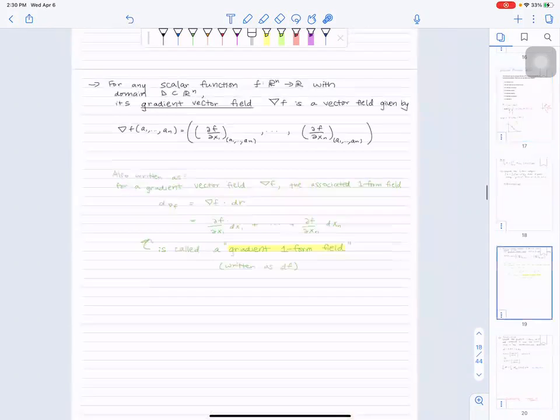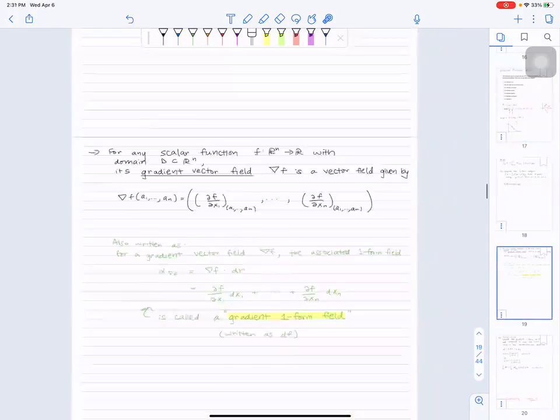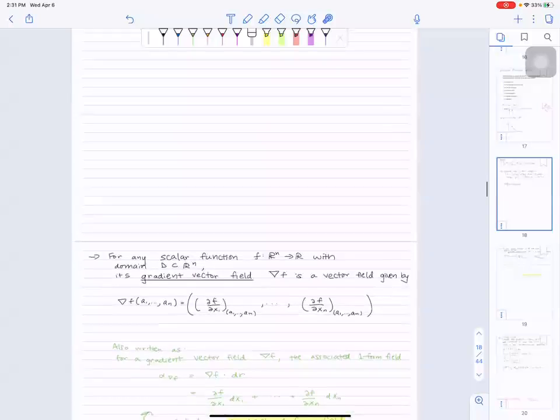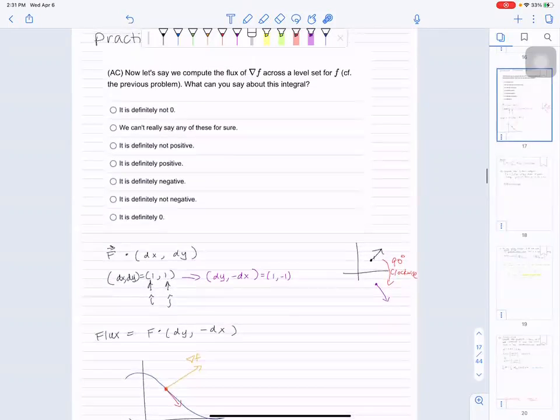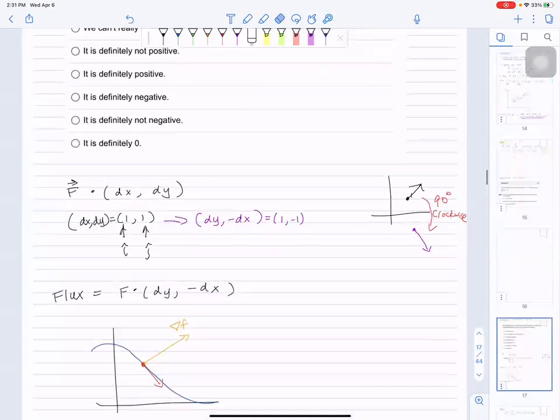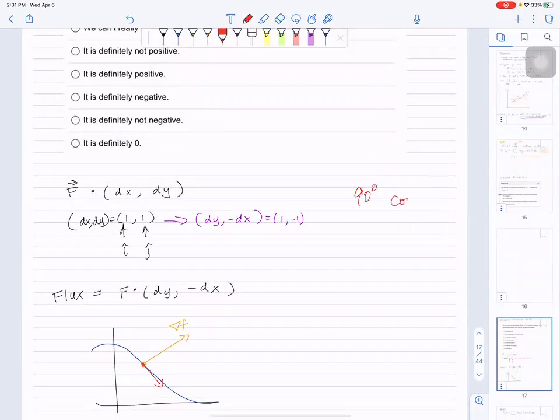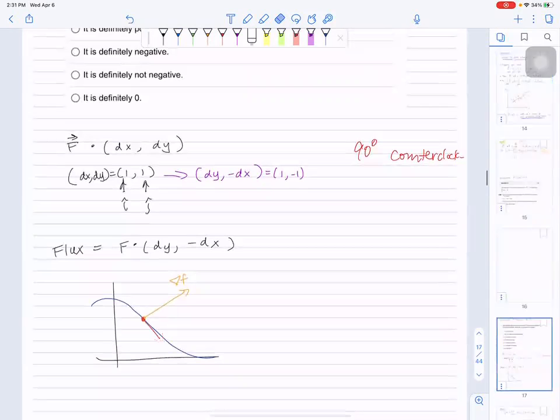Wait, that's a work one form, right? Okay, okay. So say it's 90 degrees counterclockwise. Okay, it still works out.